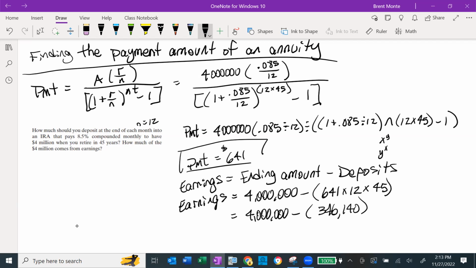Because notice if I subtract that away from the 4 million, my earnings are $3,653,860.